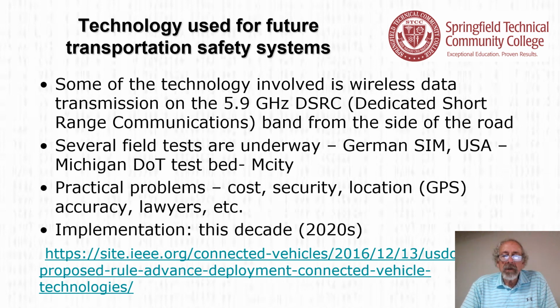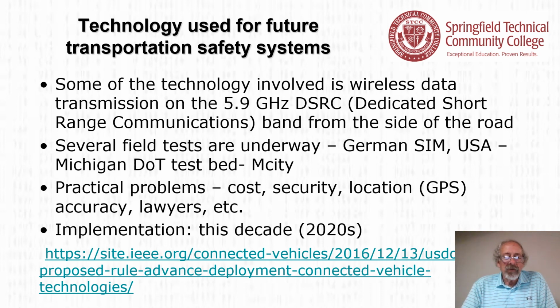There's several field tests underway. In Germany, we have the SIM. In the USA, we have the Michigan DOT testbed, or MCity. There's certainly practical problems with autonomous vehicles: cost, security, location, accuracy, and lawyers. I don't know how many commercials I see of Morgan and Morgan on TV.